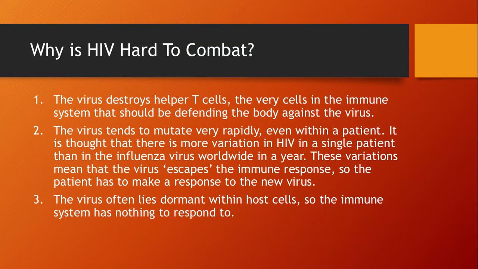So why is HIV hard to combat? The virus will destroy helper T cells, the very cells in the immune system that should be defending the body against the virus. The virus tends to mutate very rapidly even within a patient. It is thought that there is more variation in HIV in a single patient than in the influenza virus worldwide in a year.